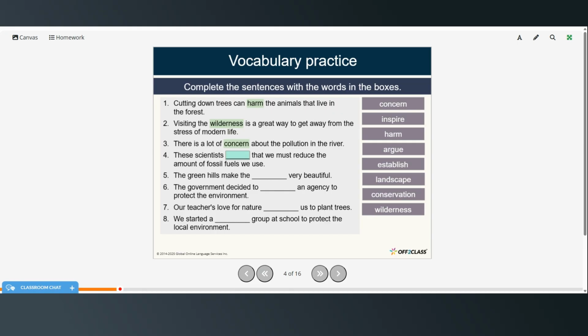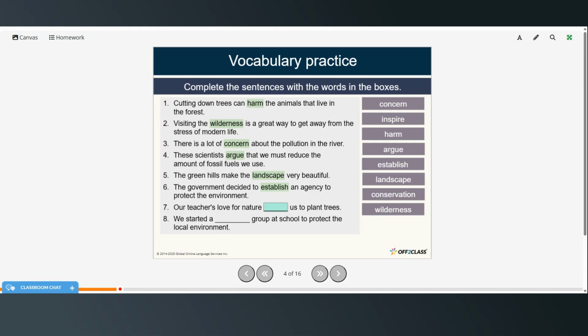These scientists argue that we must reduce the amount of fossil fuels we use. The green hills will make the landscape very beautiful. The government decided to establish an agency to protect the environment.